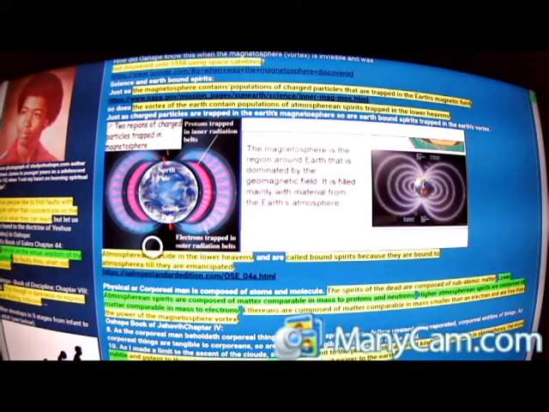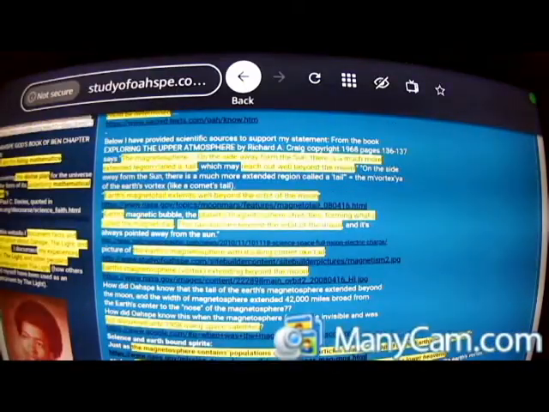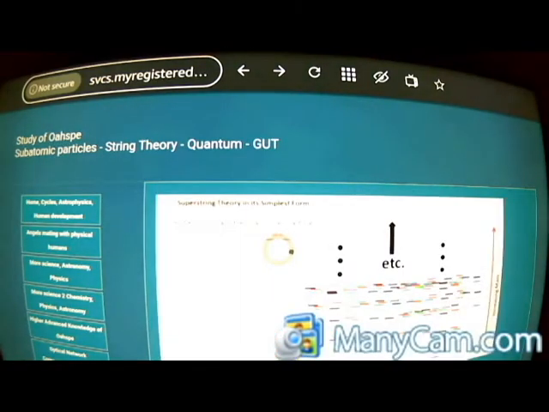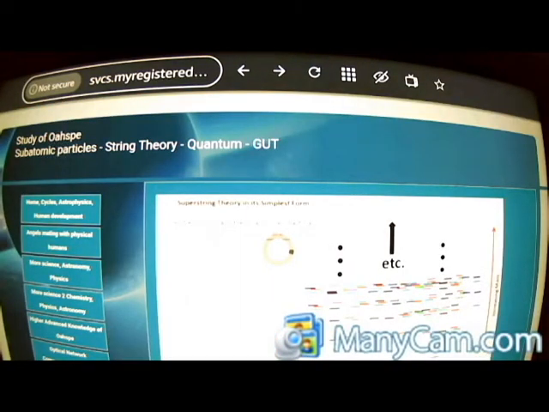So that's the physics of the spiritual realms of the higher and lower heavens. Now going back to the page where we were before.